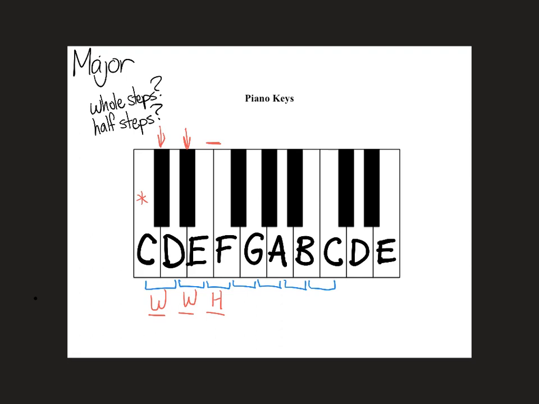Continuing on, what interval do we have in between F and G? Well, with a note in between those two, that is a whole step. And if you don't mind me skipping ahead a little bit, we have a note in between G and A, and a note in between A and B. So those are whole steps as well.